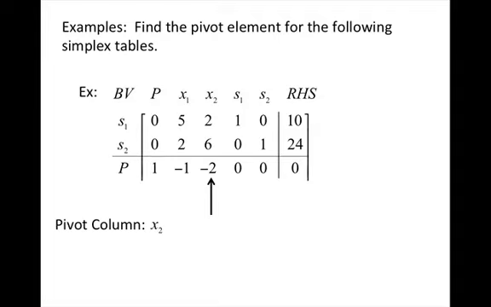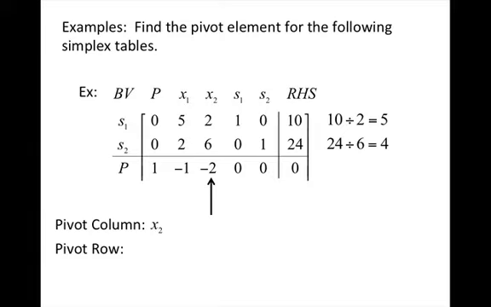Now I need to find my pivot row. I take my right-hand side, the 10 and the 24, and I divide those by the numbers in my pivot column, which are 2 and 6. So 10 divided by 2 is 5. 24 divided by 6 is 4.